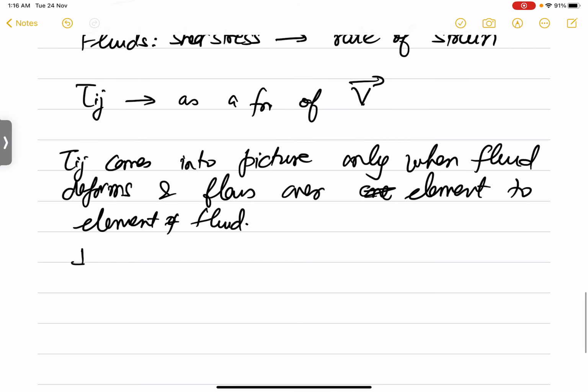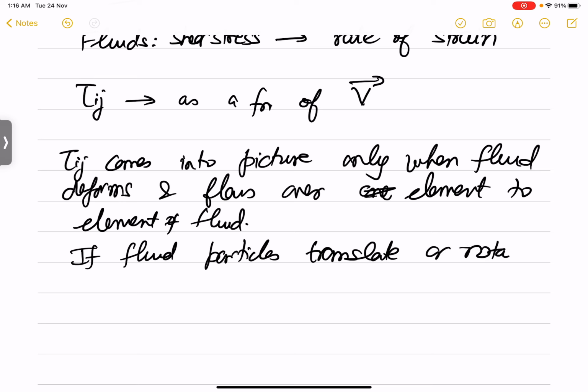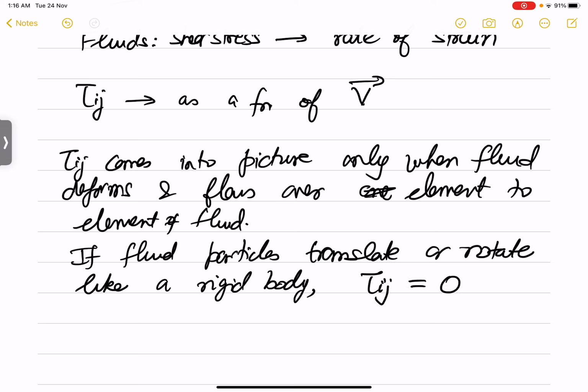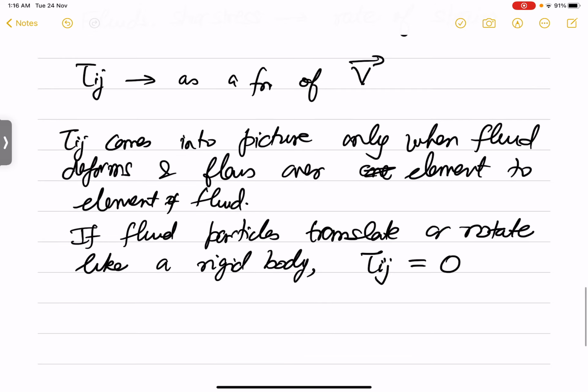If the fluid particles translate or rotate like a rigid body, then we have seen tau ij is equal to 0.